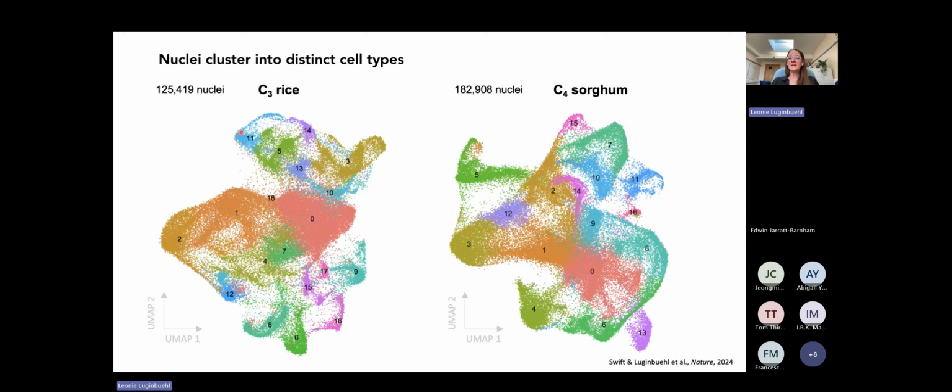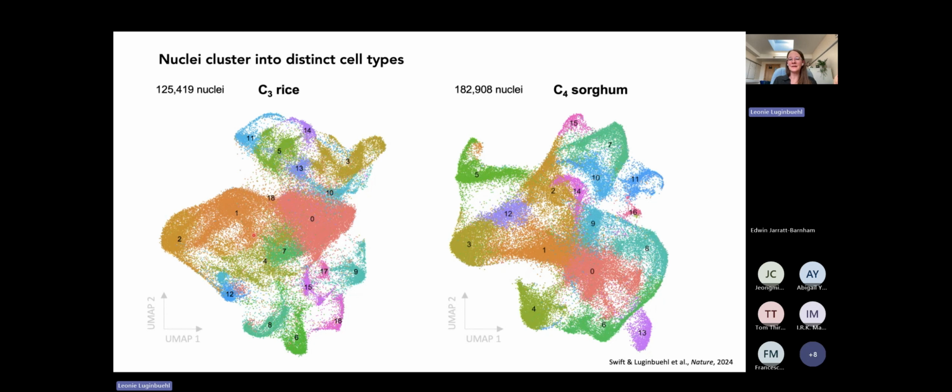And what you can see is that the closer together two nuclei are here, the more similar their gene expression profile is. And so the idea is that if we have a particular cluster, these are clusters of nuclei that share common gene expression patterns. And we then can use that information to figure out which cell type these nuclei belong to.